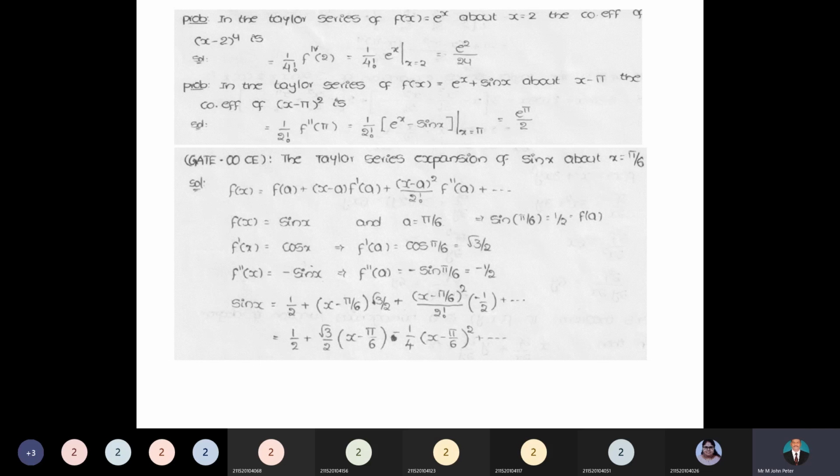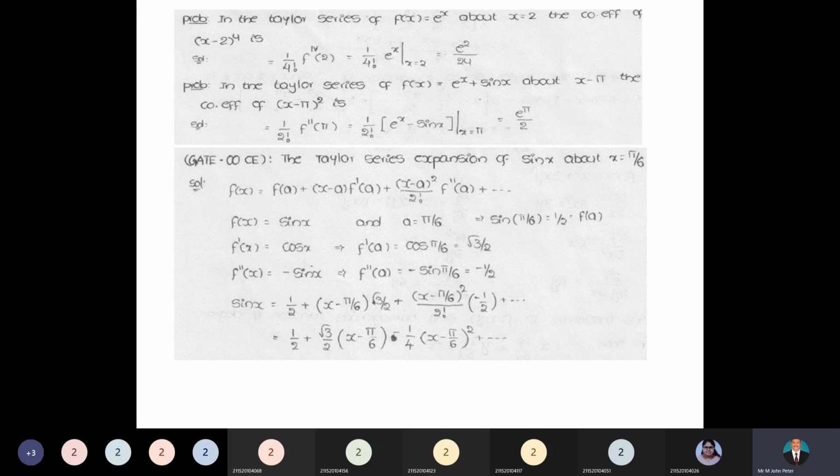For the coefficient of the square, in the denominator we have 2 factorial and the second derivative. So 1 by 2 factorial, f double dash of pi. Do follow. So the second derivative we have to identify for the given function.